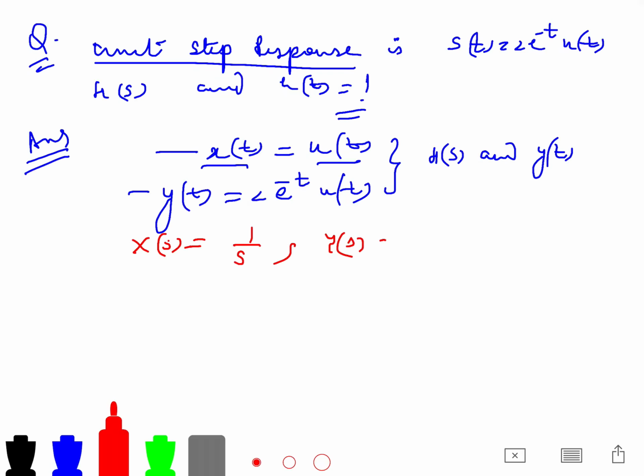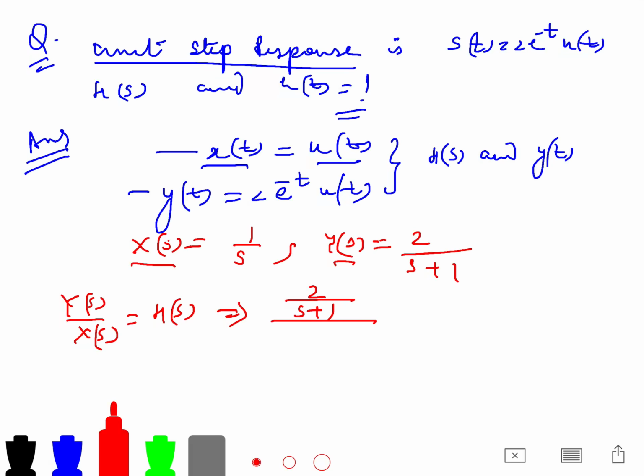So find the Laplace transform of both x(t) and y(t). X(s) will be 1 upon s, and Y(s) is equal to 2 upon s plus 1, right? Okay. Now write the relationship between X(s), Y(s) and H(s). It is Y(s) upon X(s) is equal to H(s).